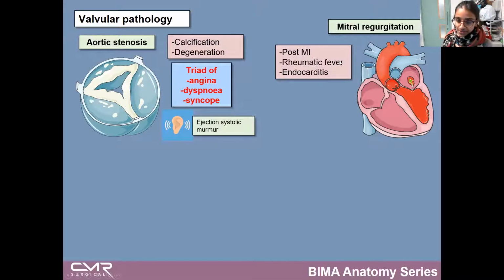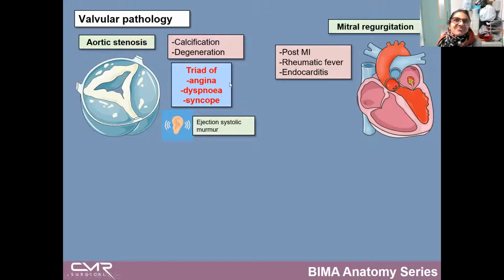The most common cause of mitral regurg is post-MI. If there's an infarct somewhere along this side of the heart, you can affect the valves, especially if your papillary muscles are affected. Rheumatic fever is another very common cause of several valvular pathologies, usually in younger patients.